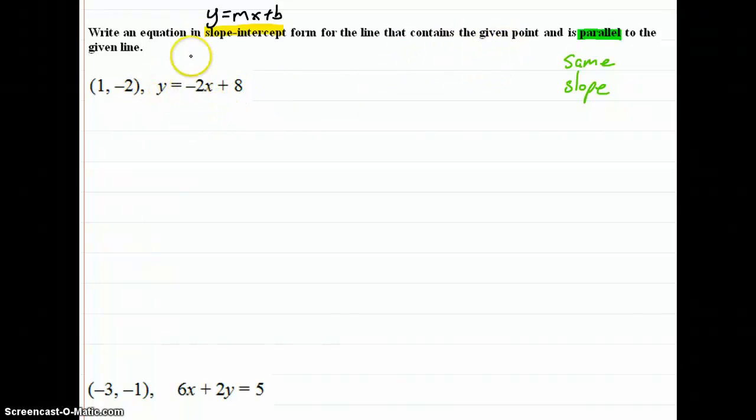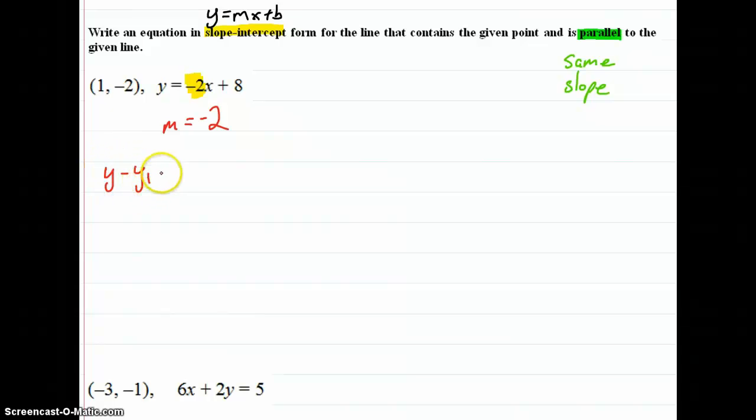So we have the equation y equals negative 2x plus 8. The only number I need out of this equation is the slope. So let's go ahead and say that the slope is negative 2.